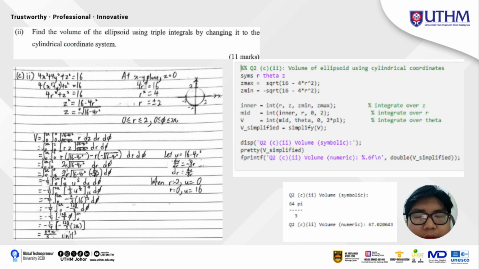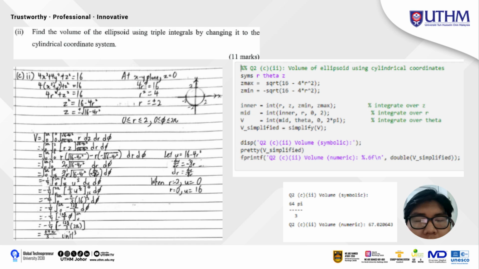Then we use the projection of the graph onto the xy plane to find the range of r and phi. Next we substitute it all into the formula, V equals the triple integral of r dz dr d phi. After all the calculation, we got the answer 64 pi over 3 unit cube.